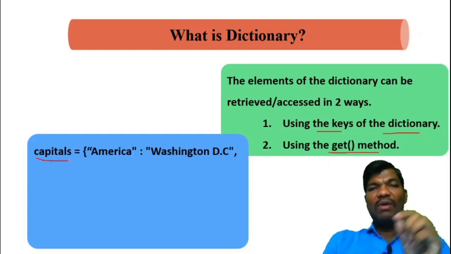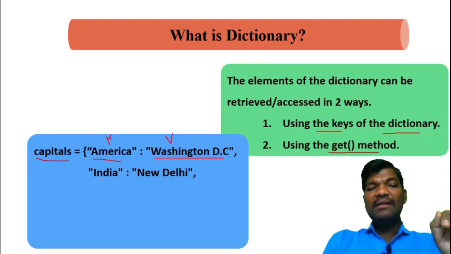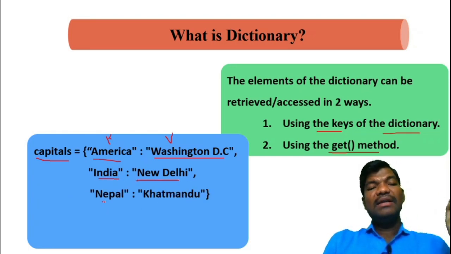Capitals is one variable, and we are creating the dictionary. America is a key, Washington DC is a value. Similarly, another item: India is a key, New Delhi is a value. Nepal is a key, Kathmandu is a value.